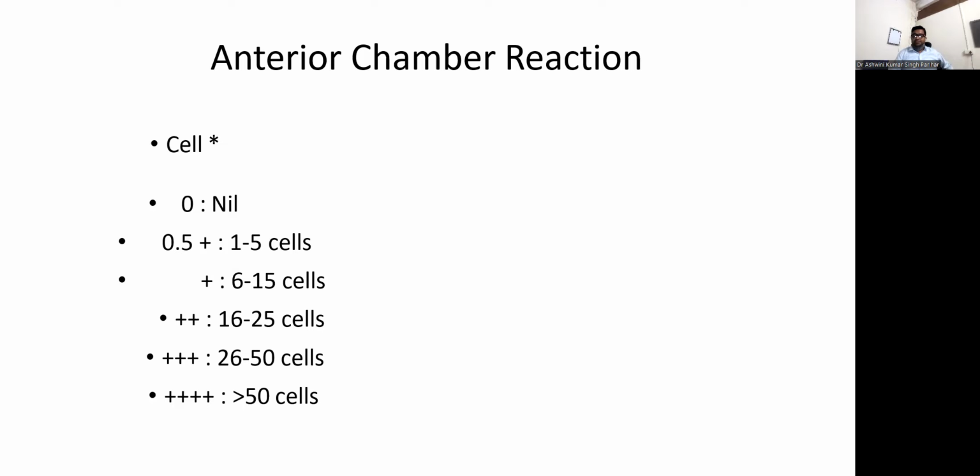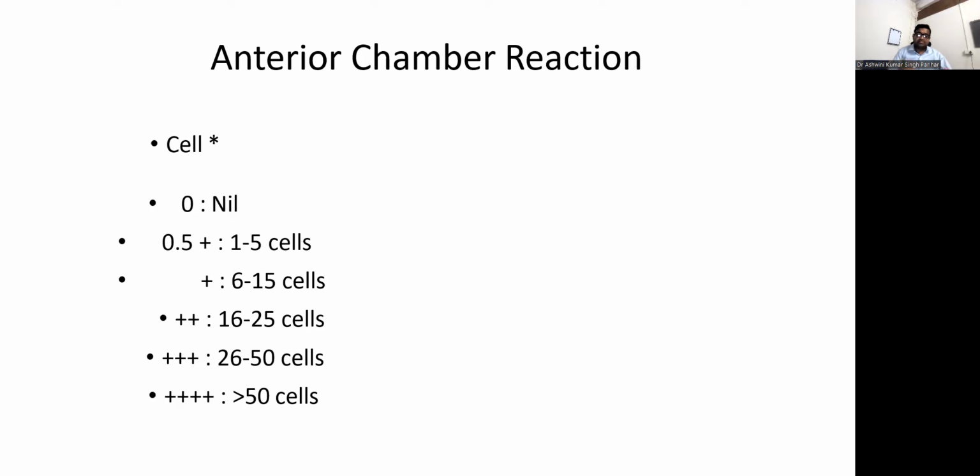If it is more than 50, then it is severe uveitis, grade 4 plus. So these are the criteria which we will follow to divide the cells in the anterior chamber, and with this it's divided into grades.